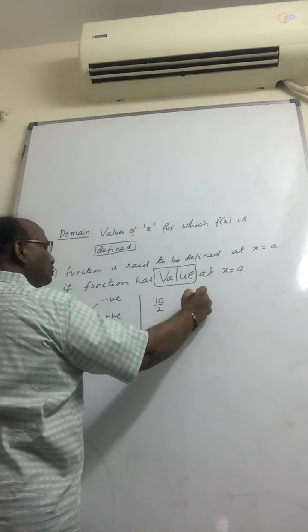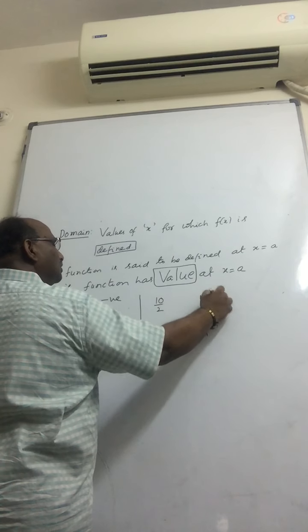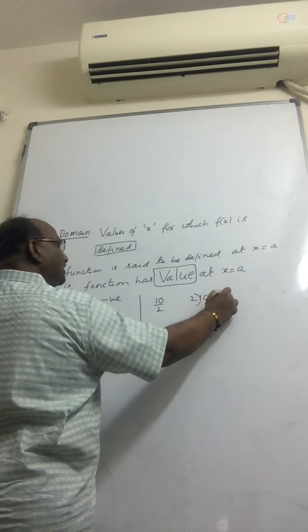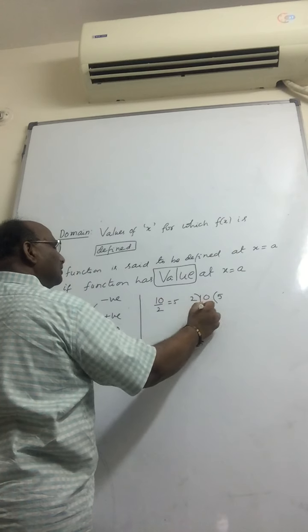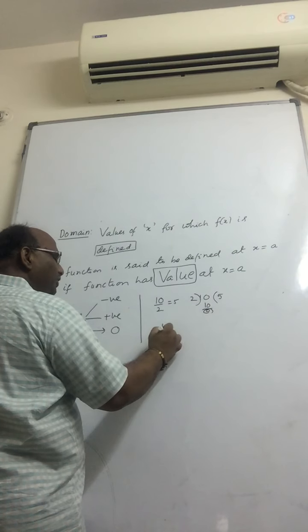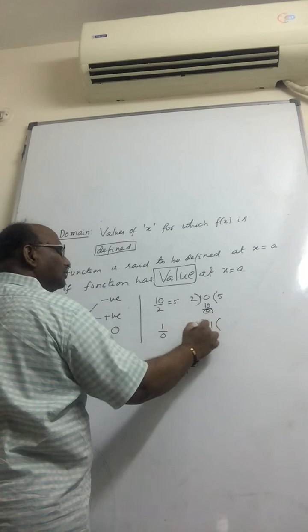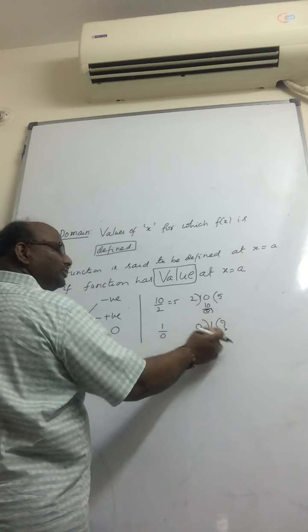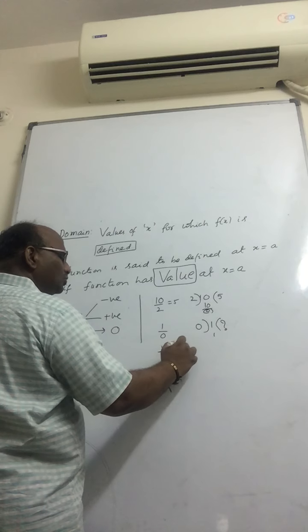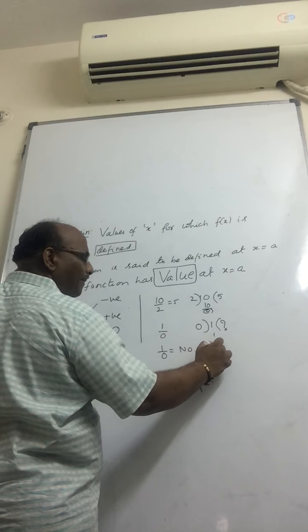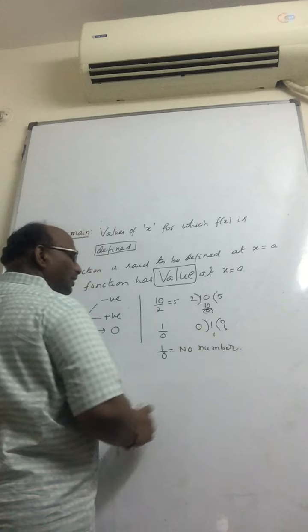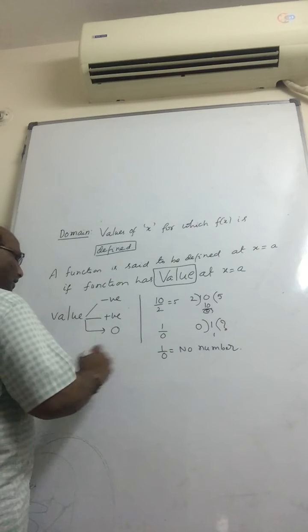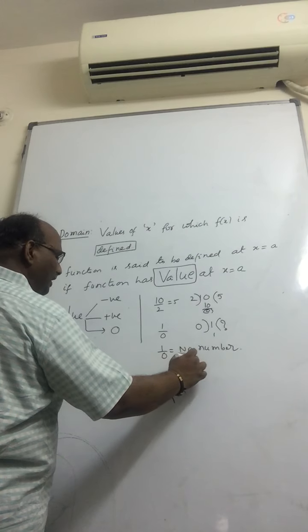10 you divide with 2, to get 10 there is a number 5. Whereas 1 you divide with 0, to get 1, 0 into something can't be 1. So no number. That means here no value.